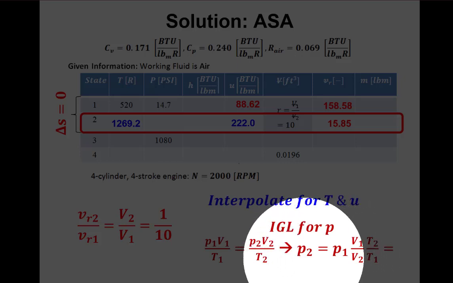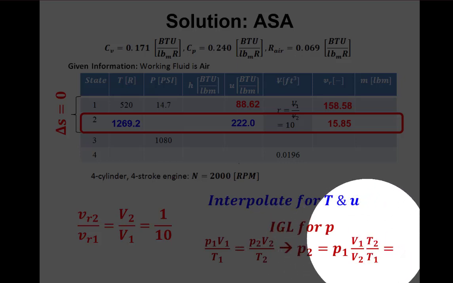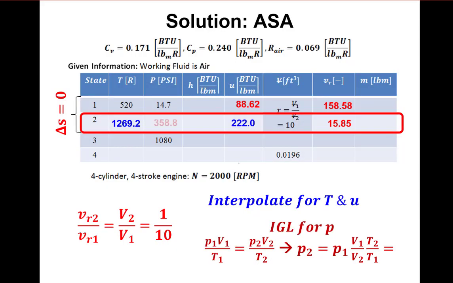P2 is equal to P1 times this ratio of volumes, as long as they're in the same units, it doesn't matter, times this ratio of temperatures, as long as they're in the same units and absolute temperatures, it doesn't matter. So now we're going to get a pressure for state 2. So here in state 2, we used the isentropic relationship to get VR. We used VR to then interpolate to find T and U. And then we used the ideal gas law to find P2.